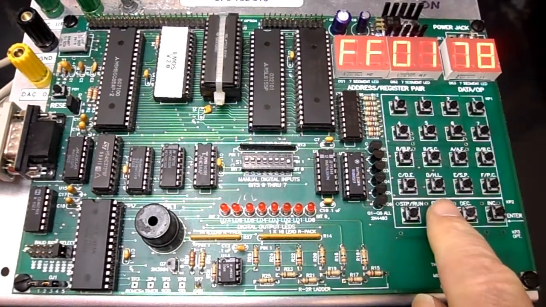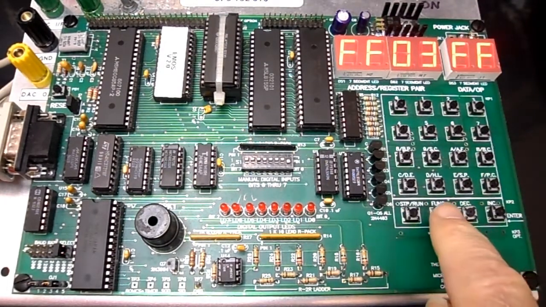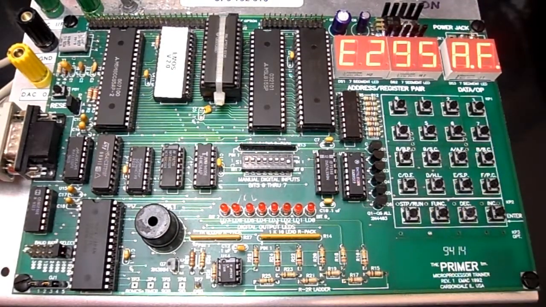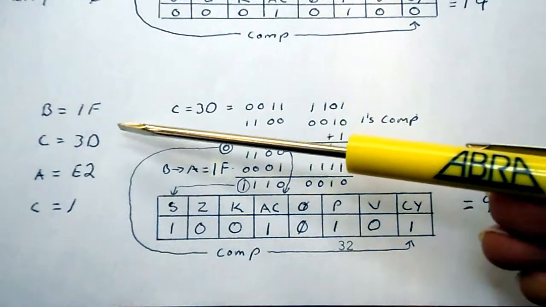We're now going to press function run, and when it stops we're going to press function AF, and we can see that the answer in the A register is E2. And looking at the flag register, we're going to have to decode that. So let's take a look at what's happened here.